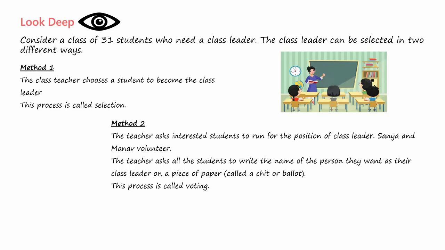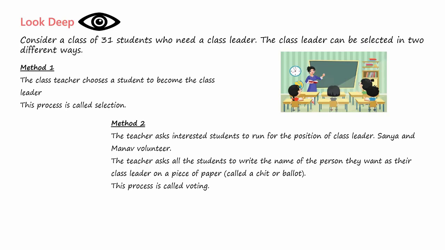They volunteered, meaning they came forward. The teacher now asked all the students to write the name of the person they want as a class leader on a piece of paper.